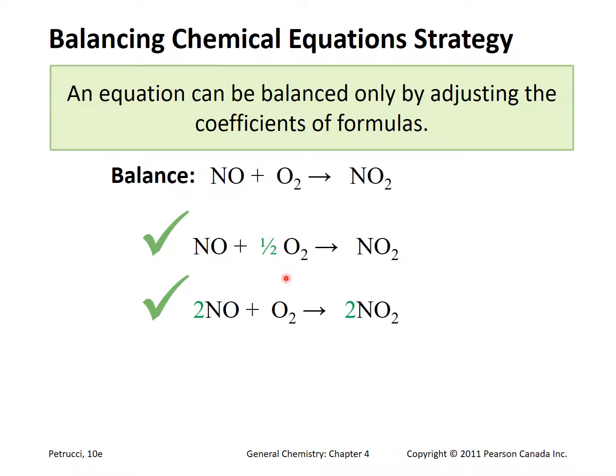However, in chemistry, we usually like to use whole numbers instead of fractions. So if we multiply this reaction by 2, we come to this reaction, giving us 2NO plus O2 produces 2NO2. And this is the form of the balanced chemical reaction that is most often seen in chemistry, although the other one here is also valid.